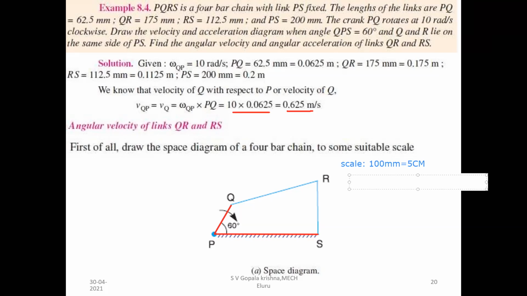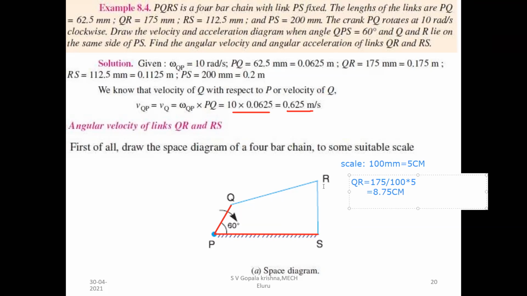QR equals how many centimeters? 175 divided by 100 star 5, that equals nearly 8.75 centimeters.